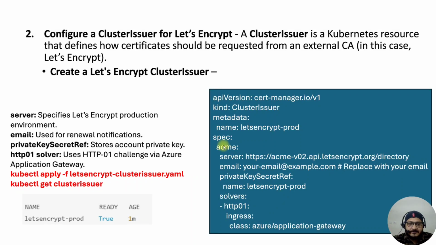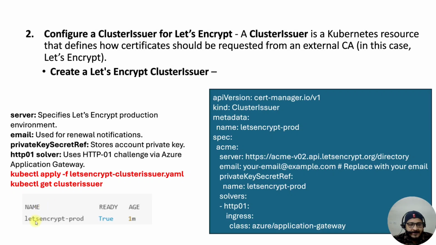Once you have this YAML file, you apply it with kubectl apply -n, followed by the file name of this particular cluster issuer. Then you run kubectl get clusterissuer, because this is deployed as a resource in AKS.